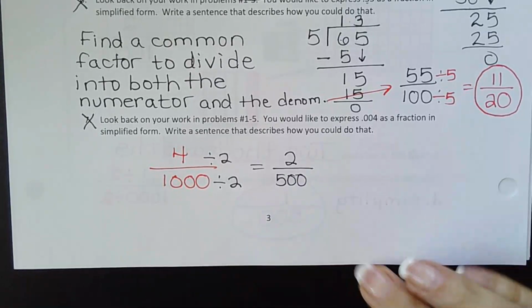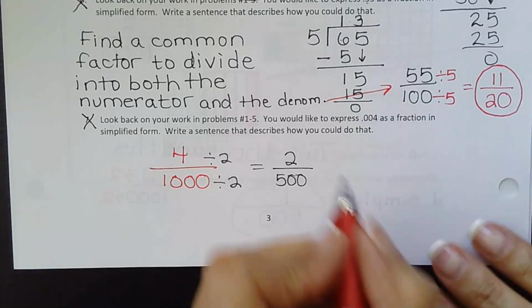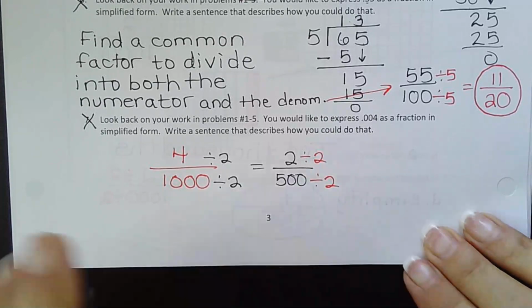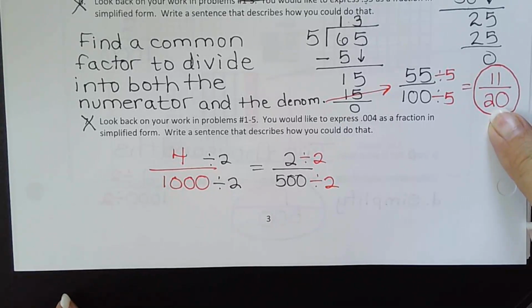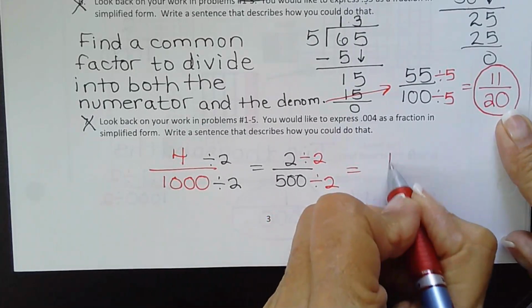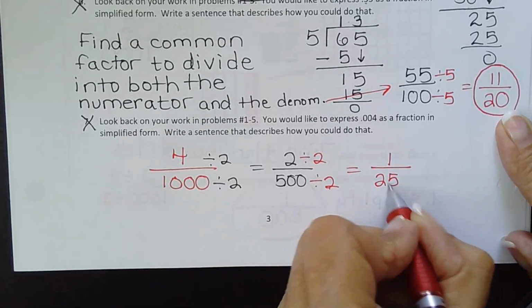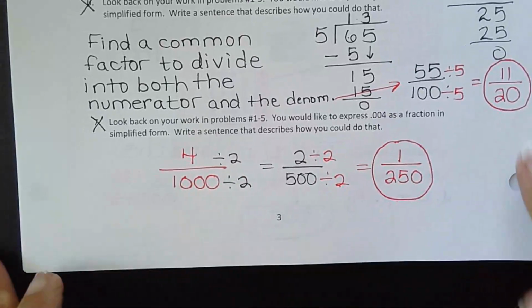But oh no, they're both even again. So we have to divide by 2 again, because remember, you can't stop until the only common factor is 1, like on the above problem. So 2 divided by 2 is 1. 500 cut in half is 250. And now we know it can't simplify anymore because of the 1.